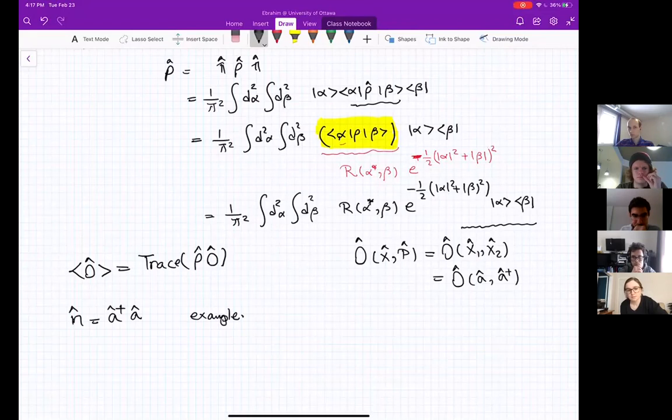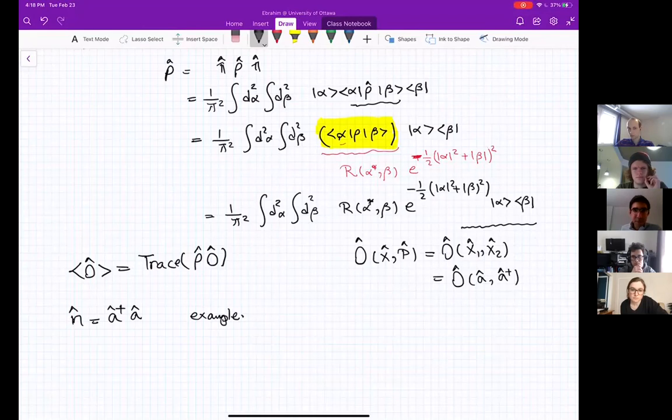But here we deal only with photon numbers: 0, which is vacuum, 1 photon, 2 photons, 3 photons, and so on. So what else? Arman, do you have any thoughts? Tell me something else. You're muted. Sorry. It could be the quadrature operators themselves.